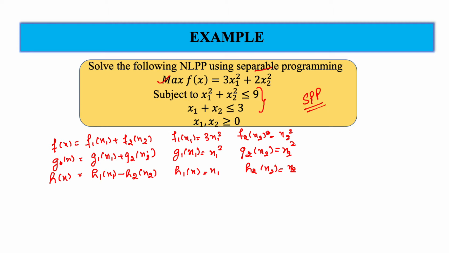Now how to solve this? The problem is of maximizing f(x) subject to these conditions. The objective function can be rewritten as a combination of two functions, f1(x1) and f2(x2). The constraint can also be written as g1(x1) plus g2(x2) less than or equal to 9, and the third constraint is also less than or equal to 3, and the non-negativity conditions can be left as they are.